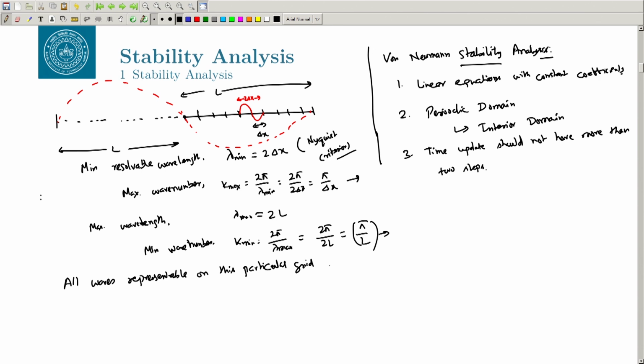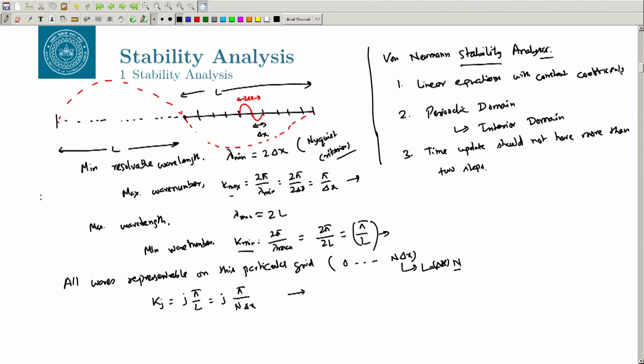What is the grid? The grid goes from 0 all the way to n delta x, where n delta x is equal to L. So, L is equal to n delta x, right. Then you can write how they will be represented, k j. So, you have k min and k max, but we want to find all the wave numbers that are representable. So, you can write j into pi by L, and that will become j into pi by n delta x, right.